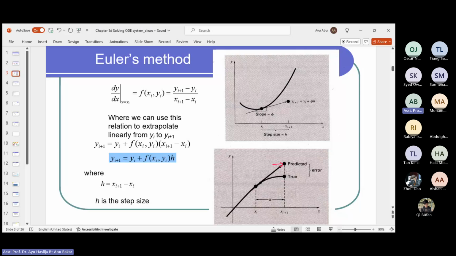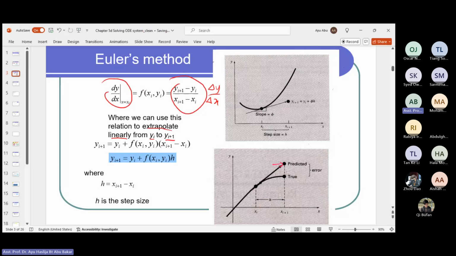So we know that dy dx is the slope. The slope comes from this equation, the delta y over delta x, the difference. Then from this equation, we can use the relation to extrapolate linearly from yi to yi plus 1.